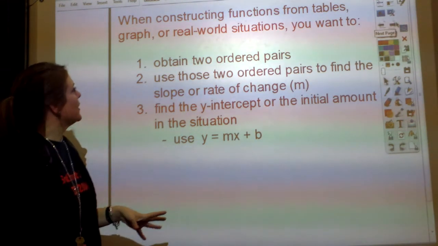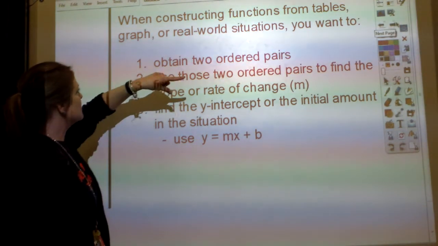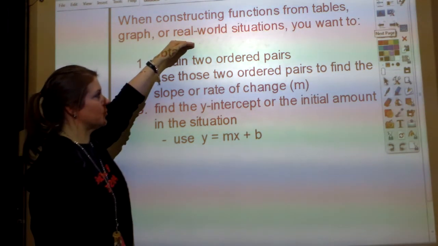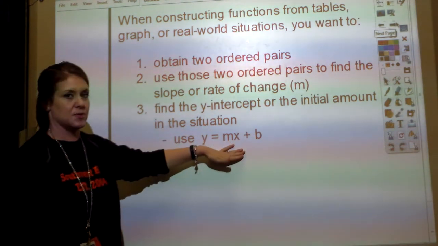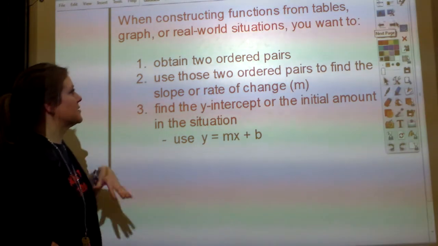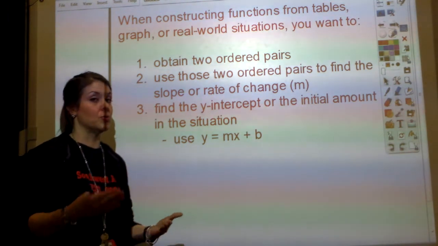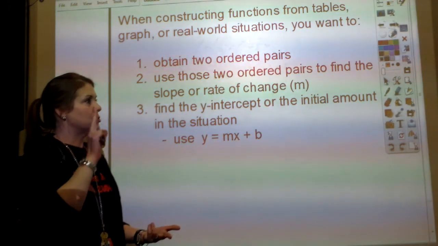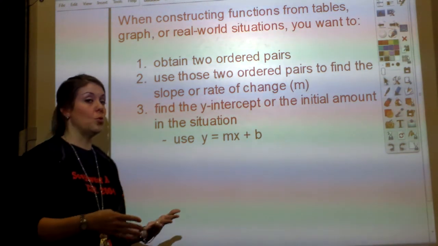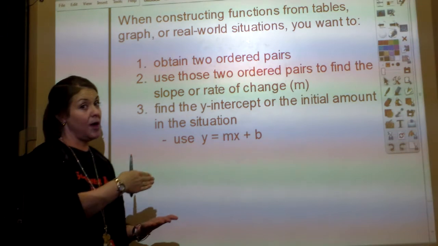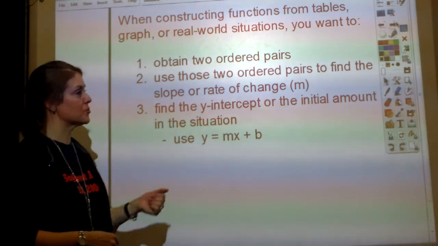All right. When constructing functions from tables, graphs, or real-world situations, you want to follow these steps. The first thing is to obtain two ordered pairs. It might be two ordered pairs that are given to you in a word problem, in a table, or graphed on a line. Get those two ordered pairs.